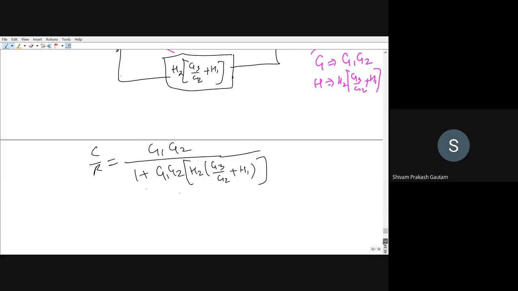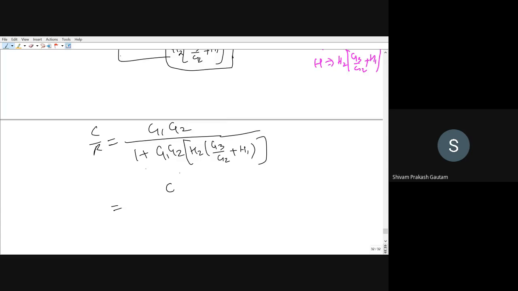Simplify further. So this will be equal to G1 into G2 whole divided by, take G2 LCM, so 1 plus G1 G2 H2 into G3 plus H1 into G2 whole divided by G2. So this G2 and G2 will cancel out.